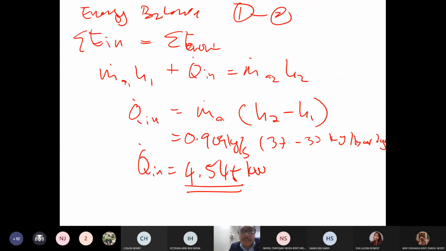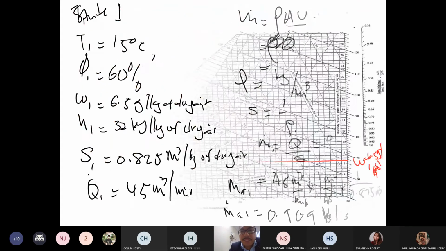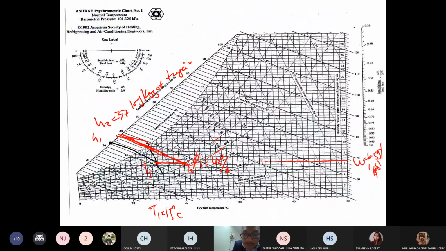So if you look at the Psychometric chart, 65% is here around this line, 25% is this point. Okay, so what you have, go up from here. Okay, so from here, this will be the state 3.